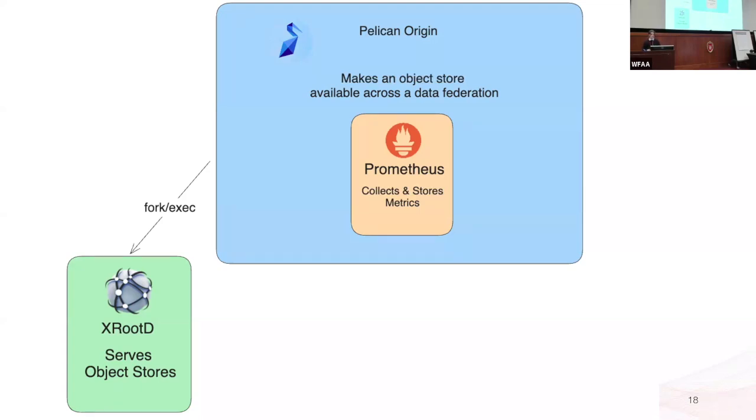Alongside that, we use XRootD as the main driver of serving up an object store, and the origin simply makes that object store available across the federation. There are a lot of implications of what these different parts mean when they're down. If XRootD is down, then the object store we're trying to interact with is unavailable, and thus the data isn't available to serve out, which isn't good.